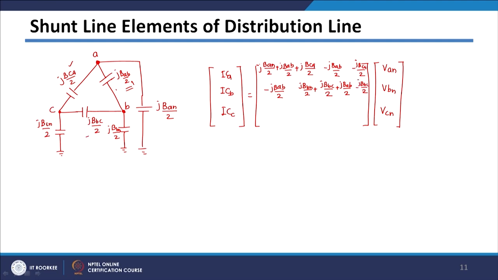Then in case of the third row, for this node C, the 3 admittances which are connected are added. So, jBCN divided by 2 plus jBCA divided by 2 plus jBBC divided by 2, and then between B and C it is minus jBBC divided by 2, and between A and C it will be minus jBCA divided by 2.